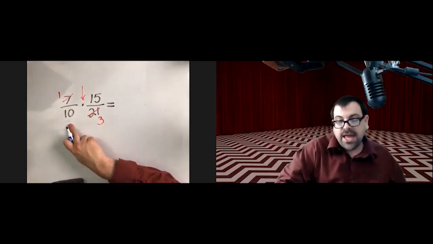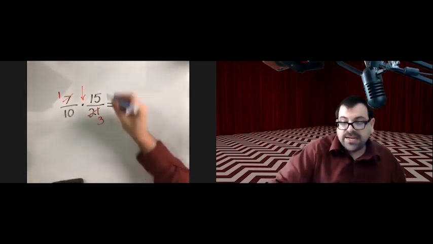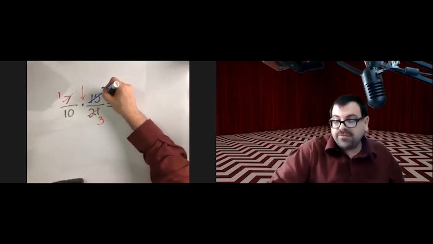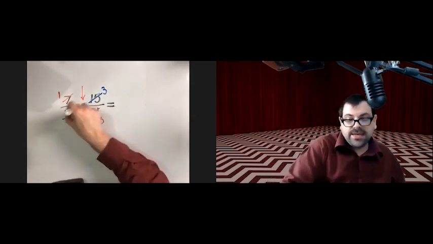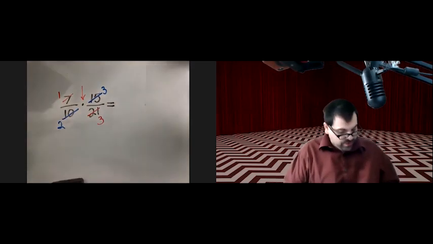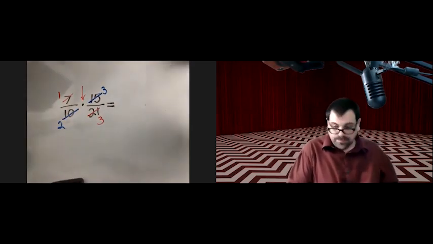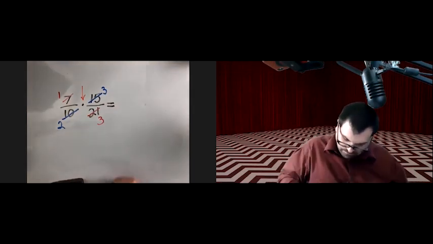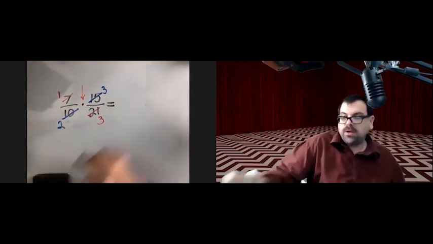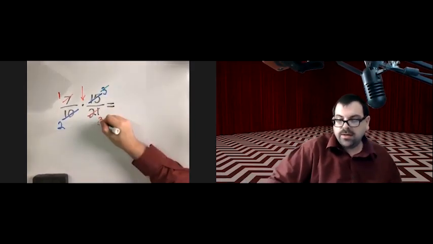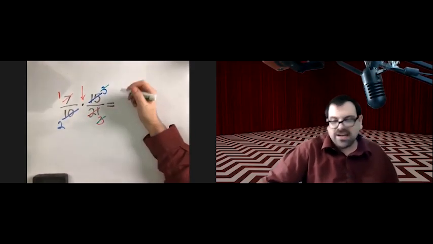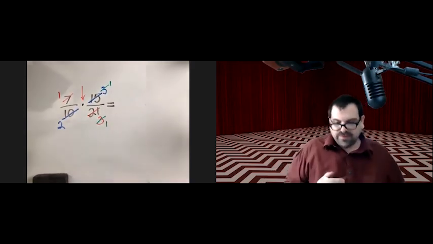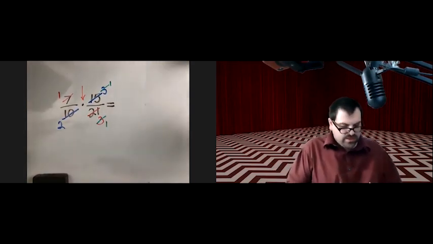15 over 10, both of these can be divided by 5. 15 divided by 5 is 3. 10 divided by 5 is 2. 3 and 3 can both be divided by 3. 3 divided by 3 is 1. 3 divided by 3 is 1.